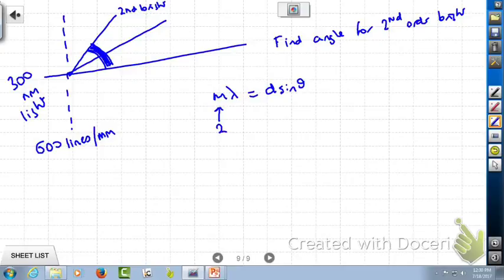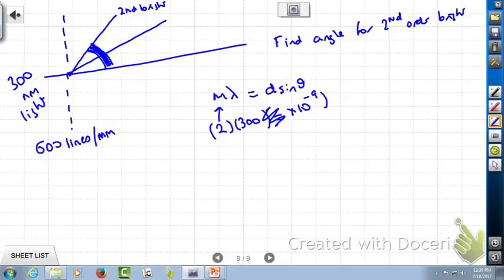Just like it was with double slit. What's lambda? 300 nanometers. Actually, I'm not going to leave it in nanometers. Let's just get back to units. 10 to the minus 9.